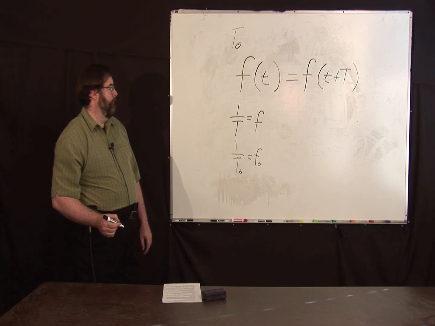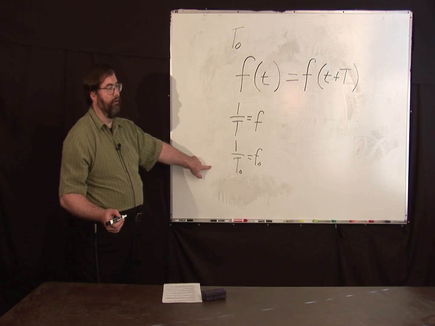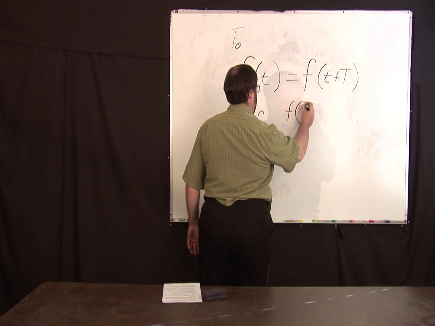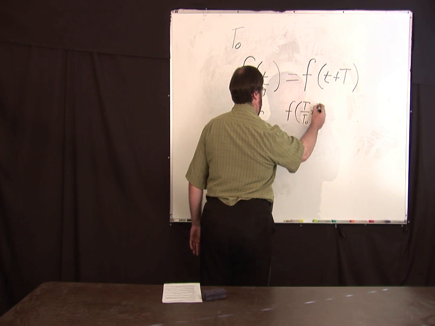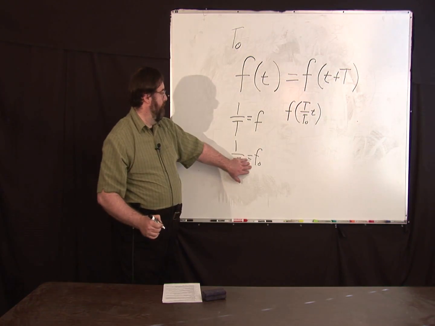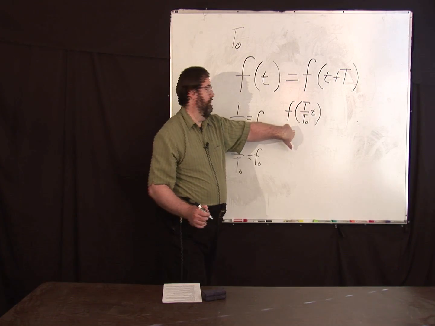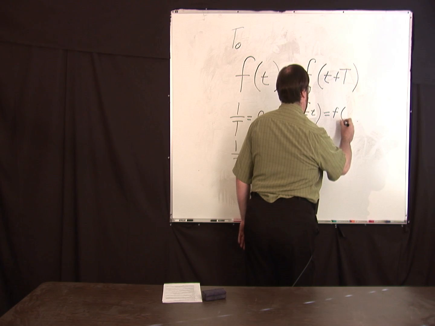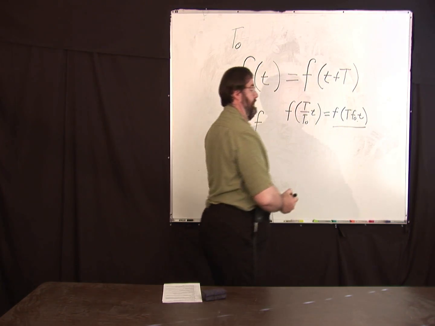So another way to generate a function with period T0 was the one we already showed you, f of t over T0 times capital T. But since f0 is 1 over T0, this is the same as f of capital T times f0 t. This one's important. We'll see that again.